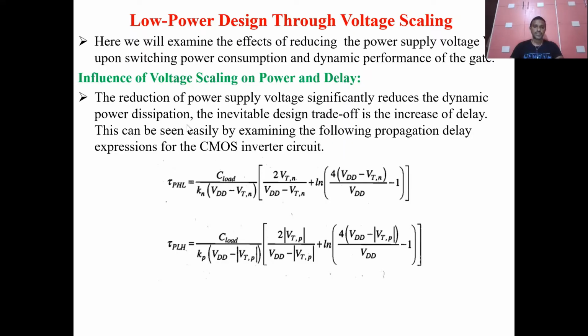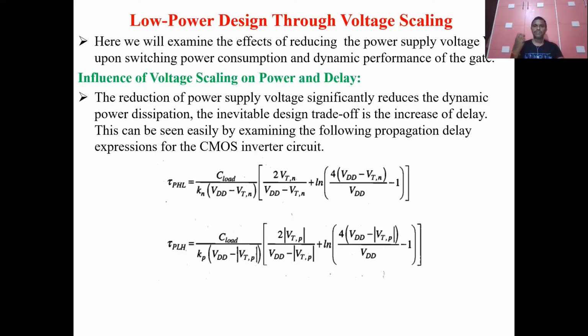In the previous discussion, the dynamic power consumption is the major component of the total power consumption in CMOS VLSI circuits or CMOS logic gates. In that equation, the average dynamic power consumption P average is equal to alpha T multiplied by C load, the load capacitance, multiplied by VDD square, multiplied by F clock.